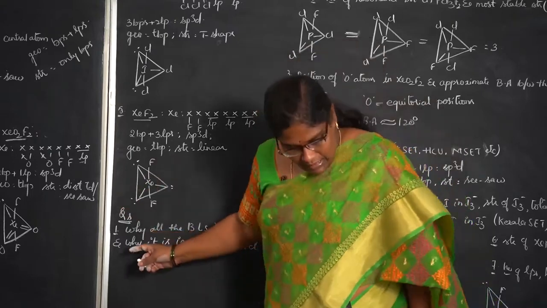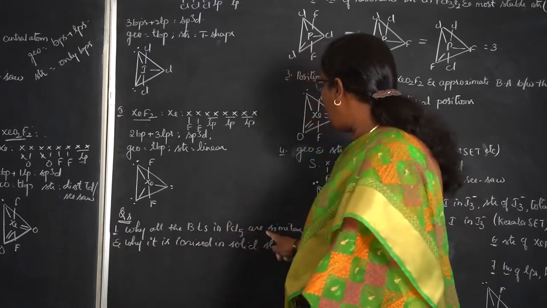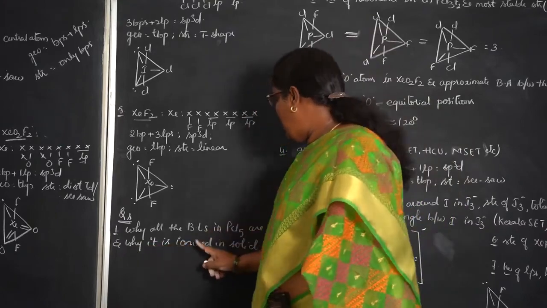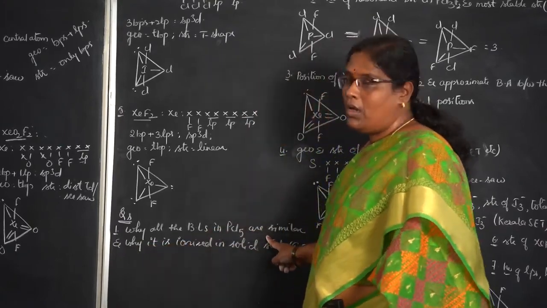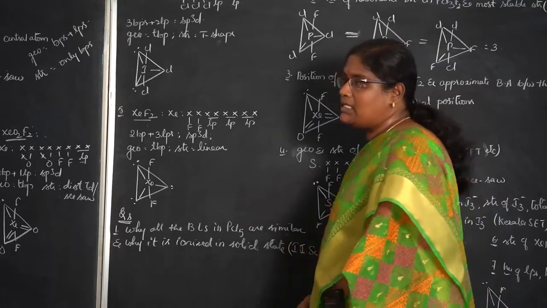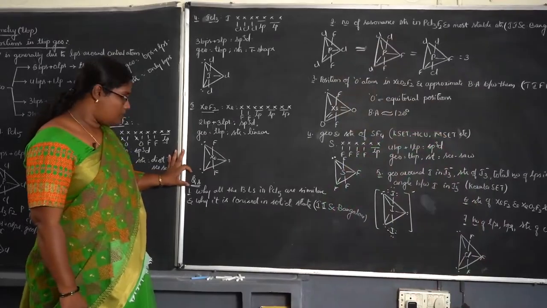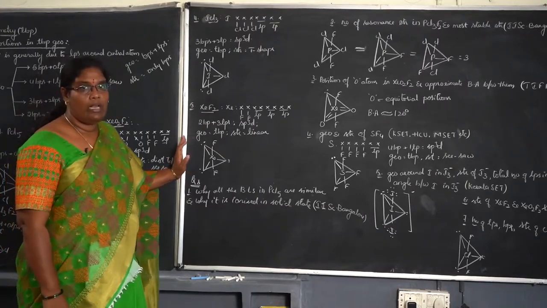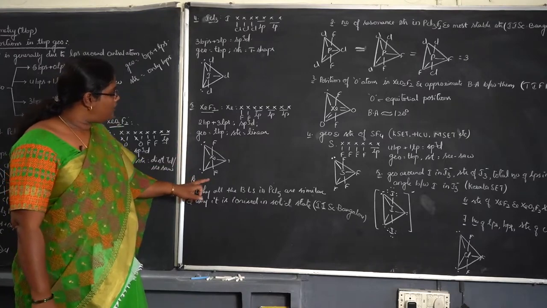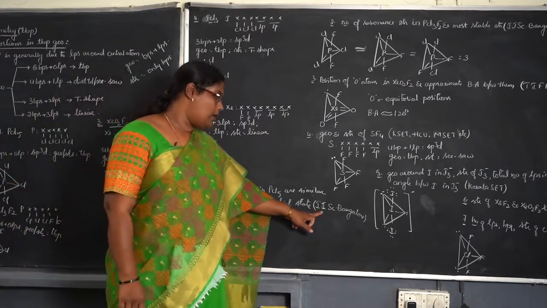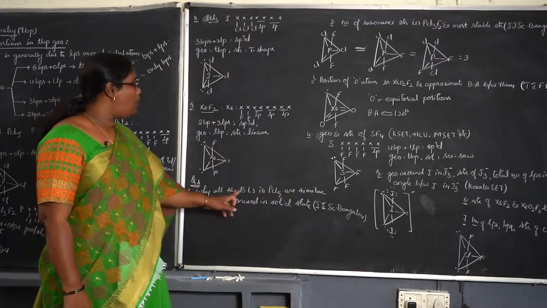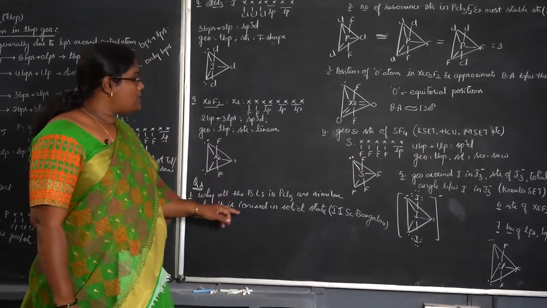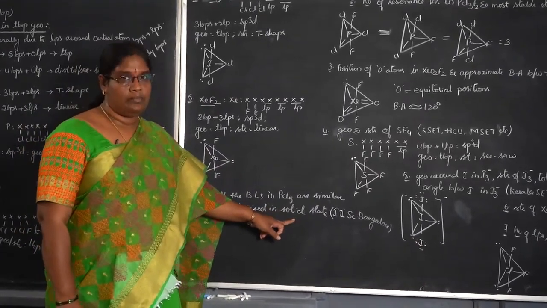So the first question, which was asked in IISc Bangalore, is why all the bond lengths in PCl5 are similar and why it is ionized in the solid state?